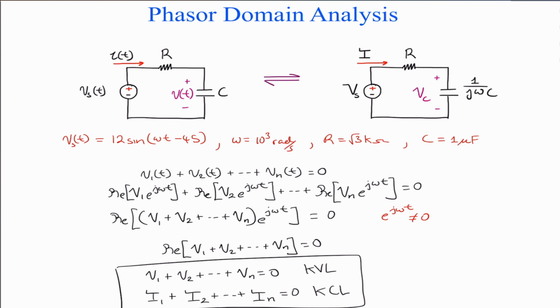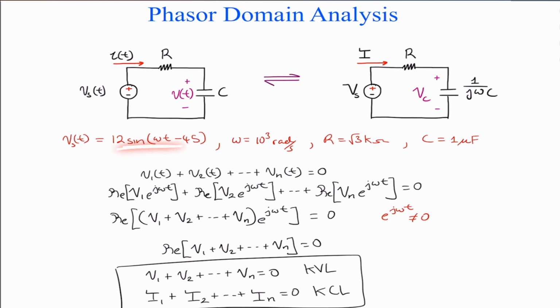Our capacitor, we know that in the phasor domain, it's 1 divided by j omega C, or minus j divided by omega C. We know that in the phasor domain, the impedance of our resistor is R, the impedance of our capacitor is here, and our voltage source is 12 cosine omega t minus 135, I think.